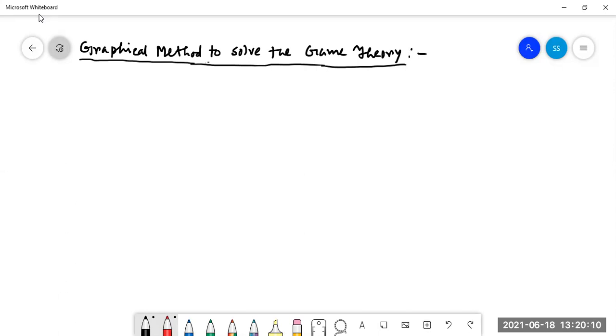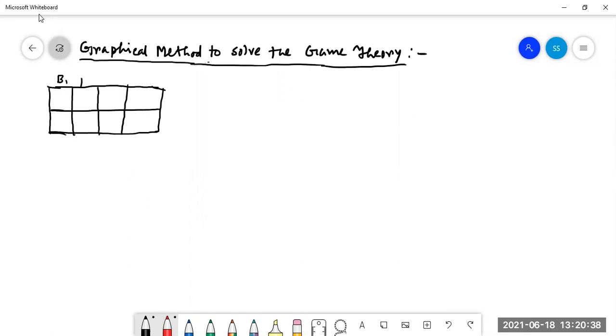So we are considering one pair of matrix. This one is B1, B2, B3, B4.